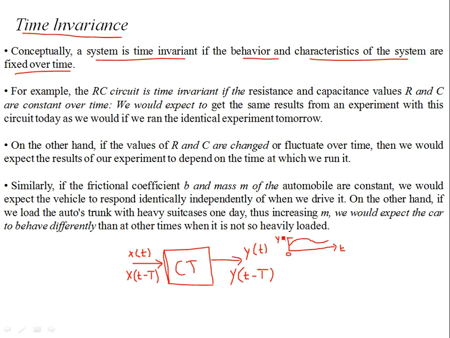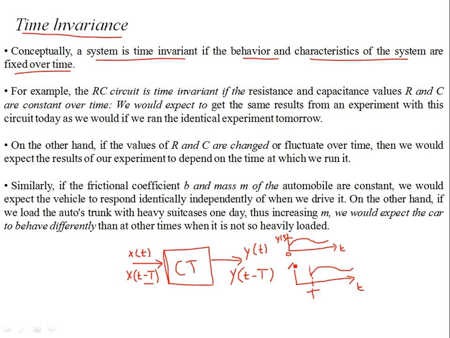So what happens when you apply the same input delayed by a certain finite interval capital T? This produces the same output. The waveform should stay preserved if the system is to be classified as time invariant. That means after a certain finite interval capital T, you will have the same shape of the waveform.